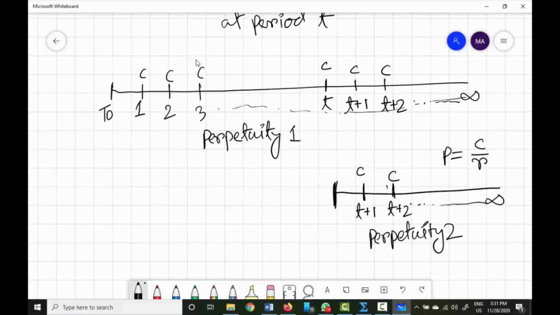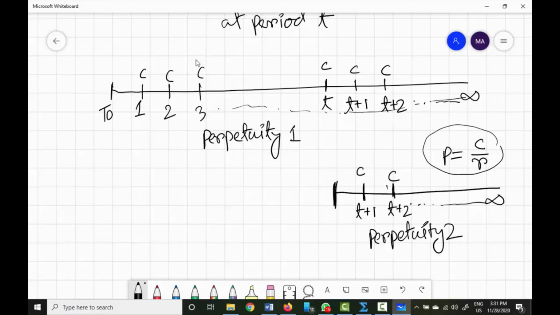So obviously the value of a perpetuity is always C divided by R. But if you apply this formula for this perpetuity, you will not get this C by R value at period 0, because this perpetuity hasn't started from period 0.